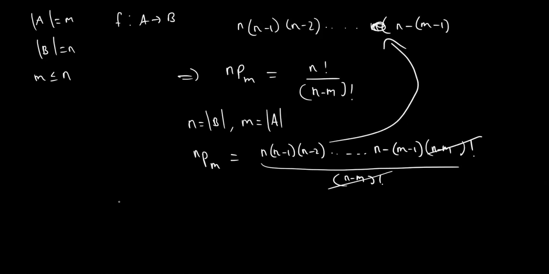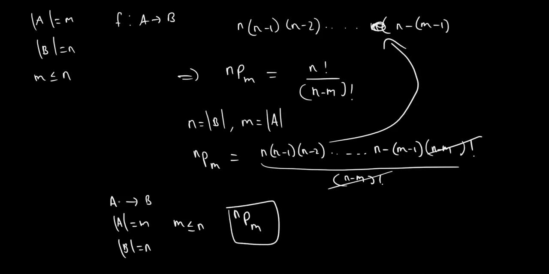So the number of 1-1 functions from a set A to a set B, where the cardinality of A equals m and the cardinality of B equals n, and also m is less than or equal to n, which is a condition for a 1-1 function to be possible, is nPm, which is n factorial divided by n minus m factorial.